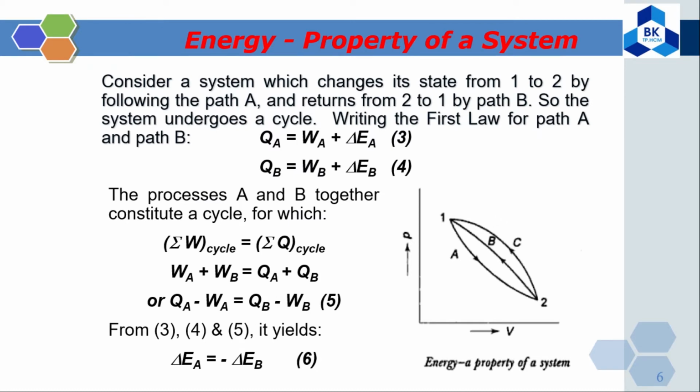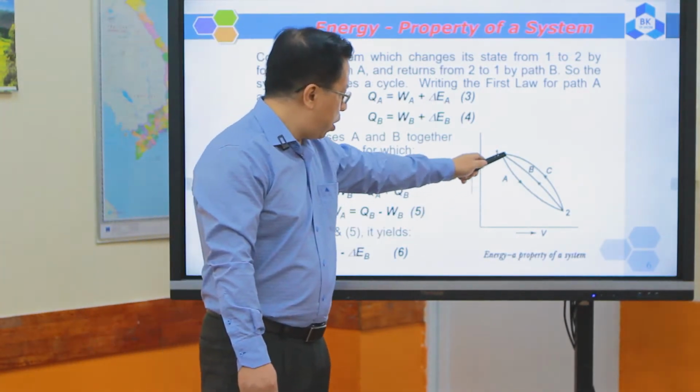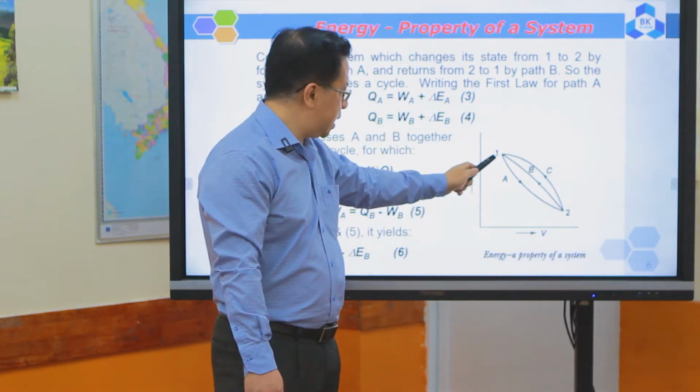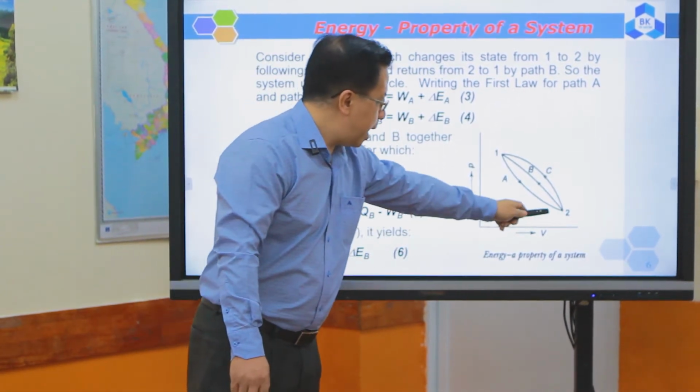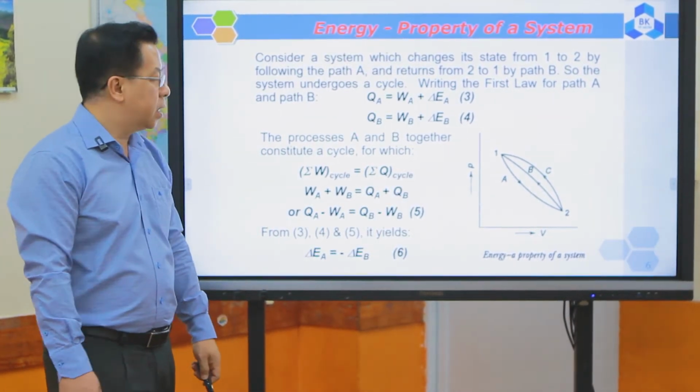Okay, so now we say more in detail about energy as a property of a system. Consider a system changing its state from 1 to 2. Last week, you know that one state will be represented by one point in the diagram. So point 1 here represents state 1, and point 2 represents state 2.